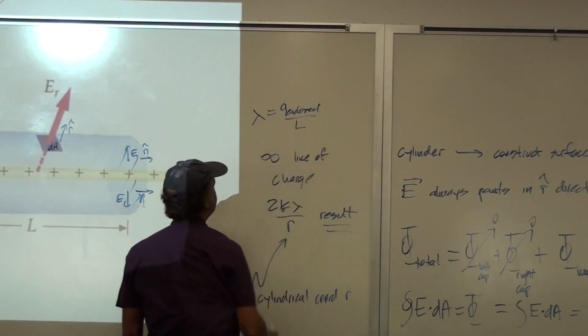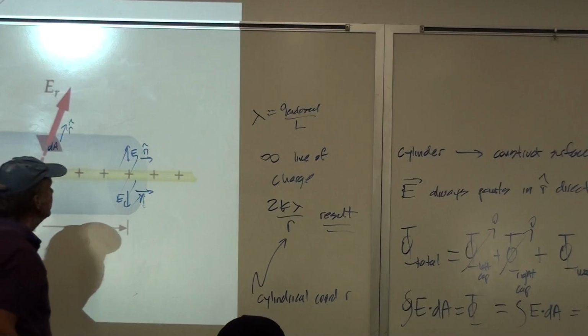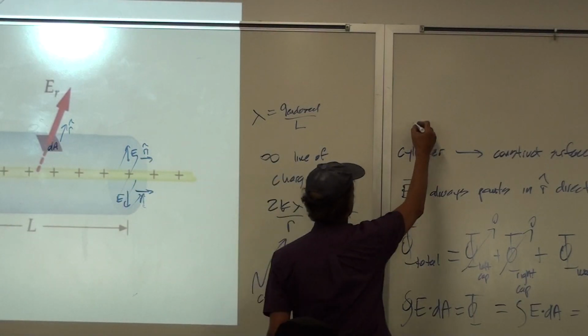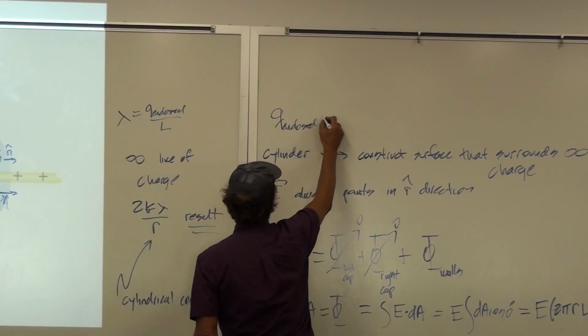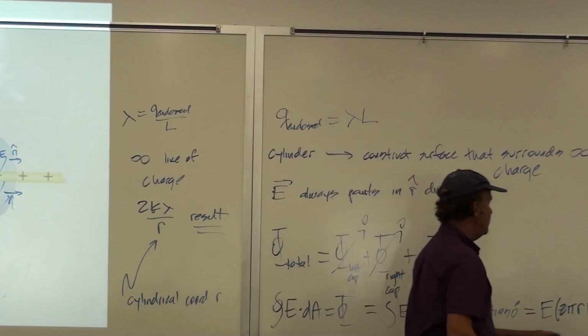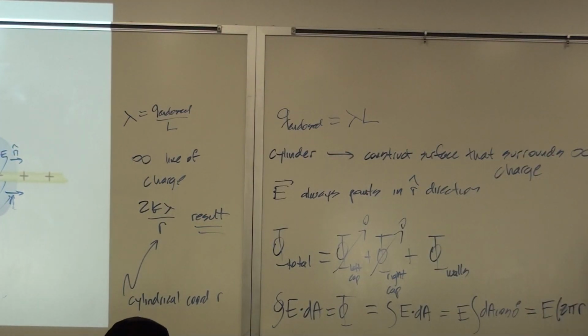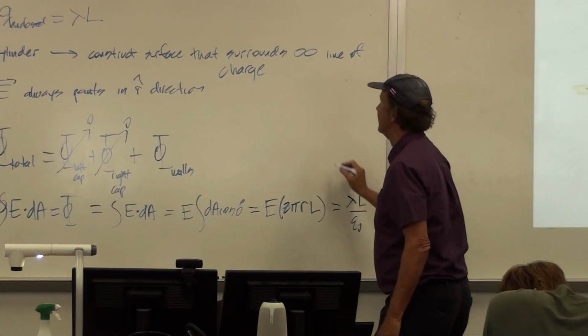divided by L. That's just charge per unit length. And so therefore, the charge that we enclose is lambda L. Charge per unit length times the length. So I'm not going to put in Q here. Instead, I'm going to put in lambda L over epsilon naught.